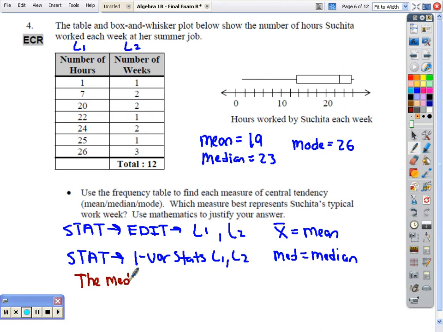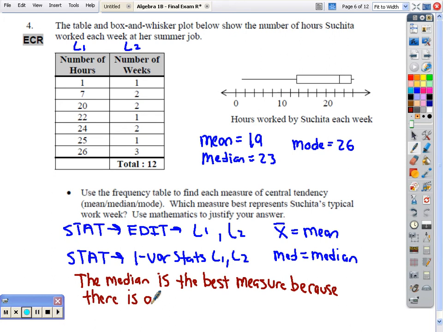The median is the best measure because there is an outlier, a piece of data that does not go with the rest. If there was no outlier, we would pick the mean.